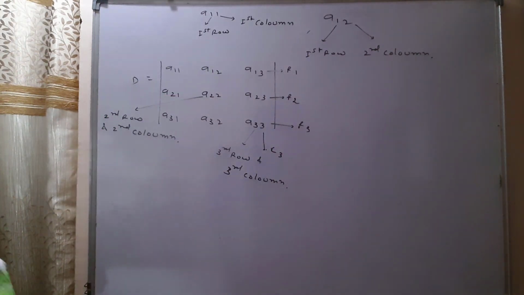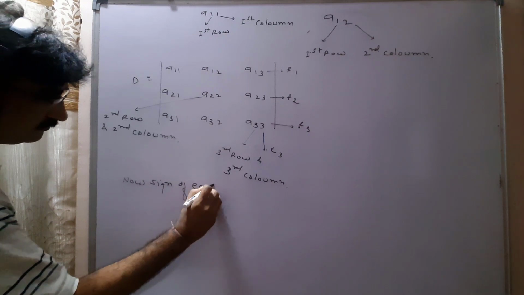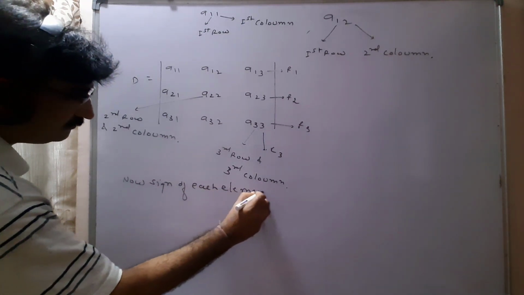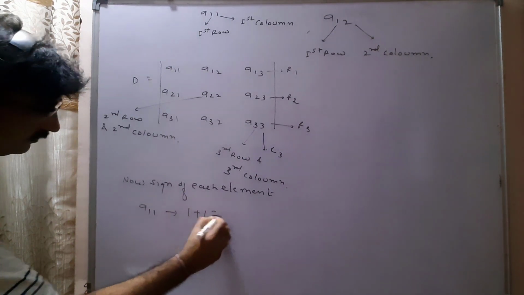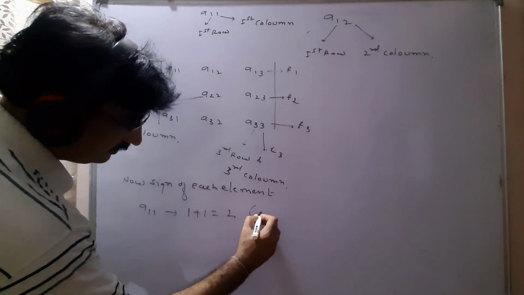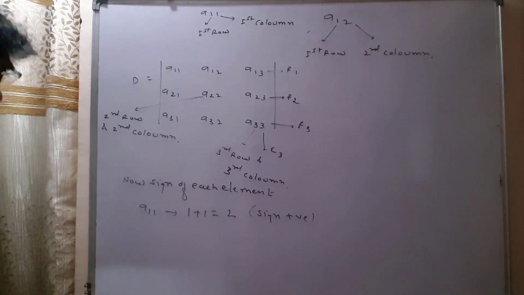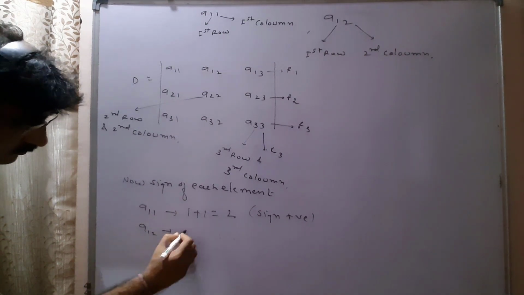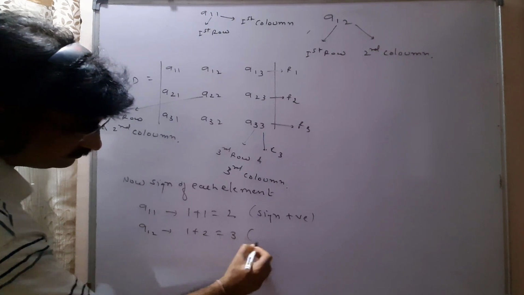Now, how do we decide the sign position of each element? Sign of each element. A11: if we take 1 plus 1, that is 2. So here we say the sign is positive. A12: 1 plus 2, 3.